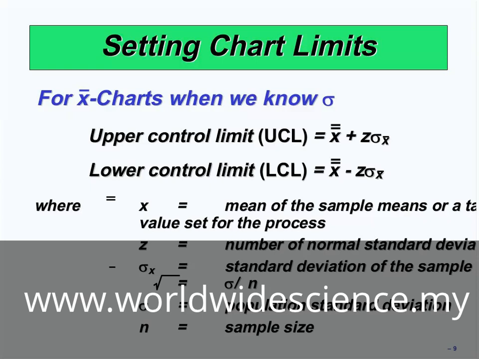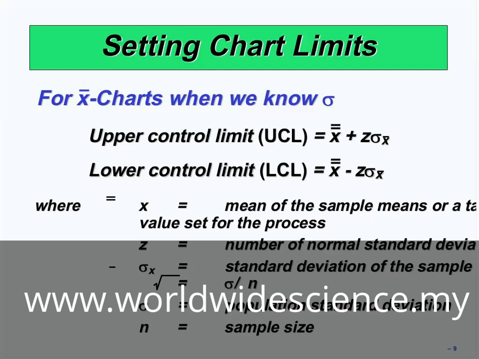Sigma X equals sigma divided by the square root of n. Sigma is the population standard deviation, n is the sample size. Z and sigma are given to you based on the standards defined by engineers or managers.